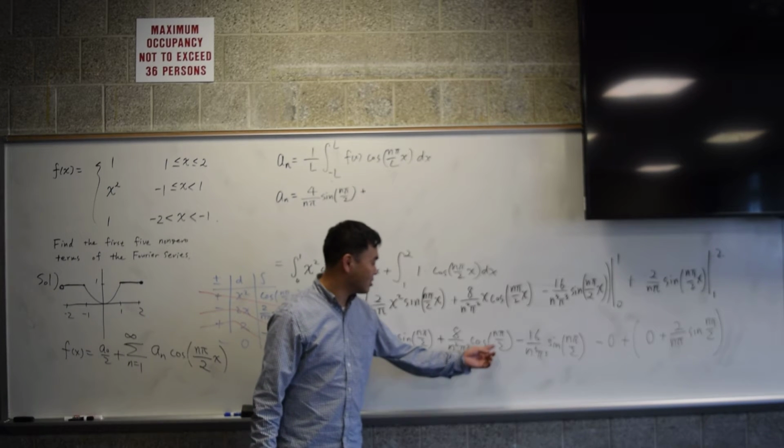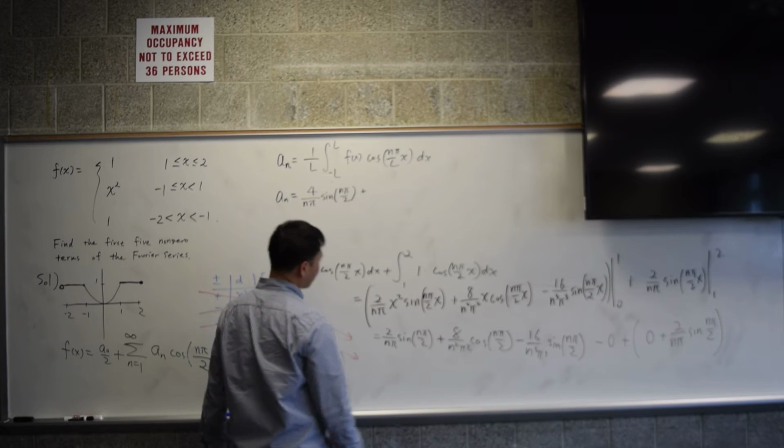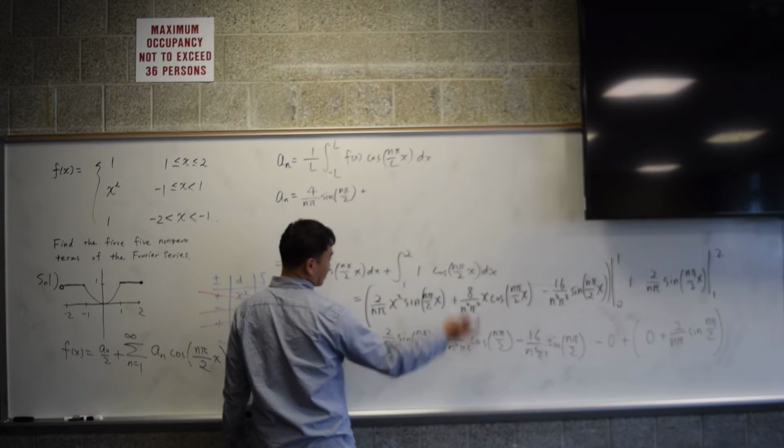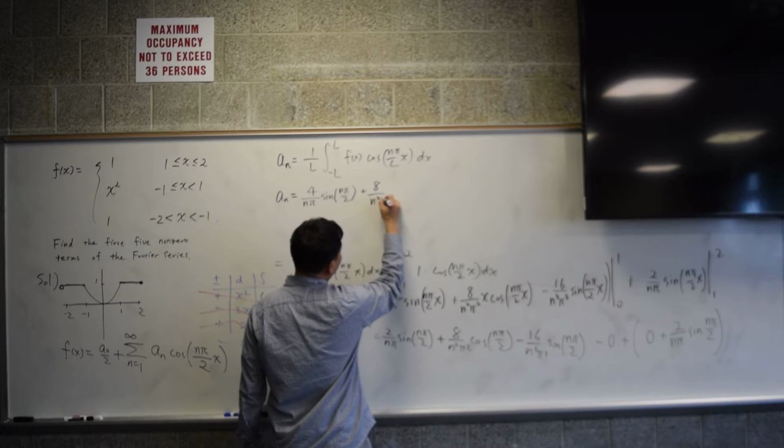Well, if n is odd, it's 0, right? If n is even, it's not 0. Okay, so I thought this could be just gone, but it's not. I still need to write it, unfortunately.